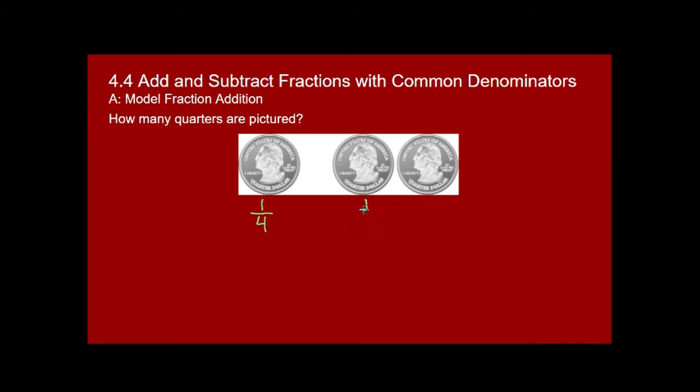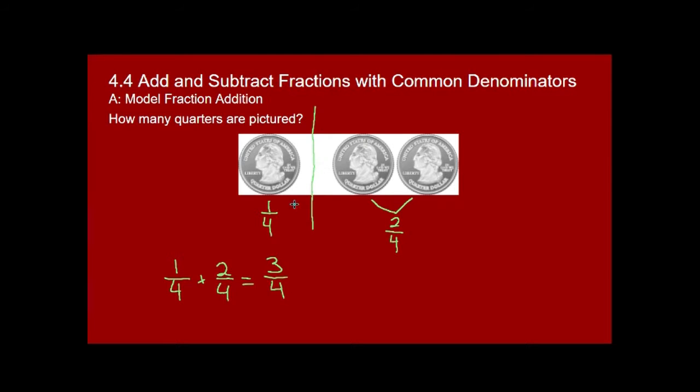But notice they're split into 2 groups, so we have 1 quarter, and then here we have these 2 together, 2 quarters. Okay, 1 quarter and 2 quarters. And so then we can add those together. So we have 1 quarter plus 2 quarters, and that equals 3 quarters.